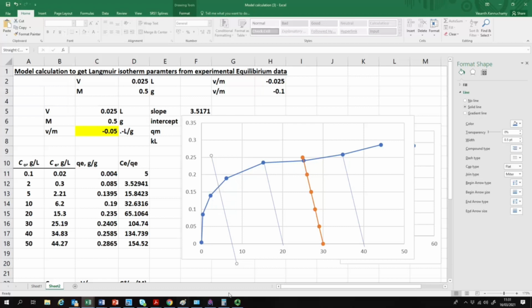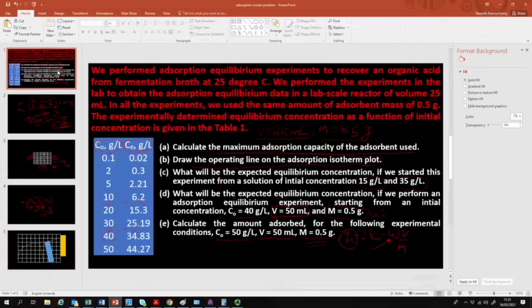So if you go to part B of your question, if you start from 15 grams per liter, what will be the corresponding equilibrium concentration? If you start from 35 grams per liter, what will be the corresponding equilibrium concentration?